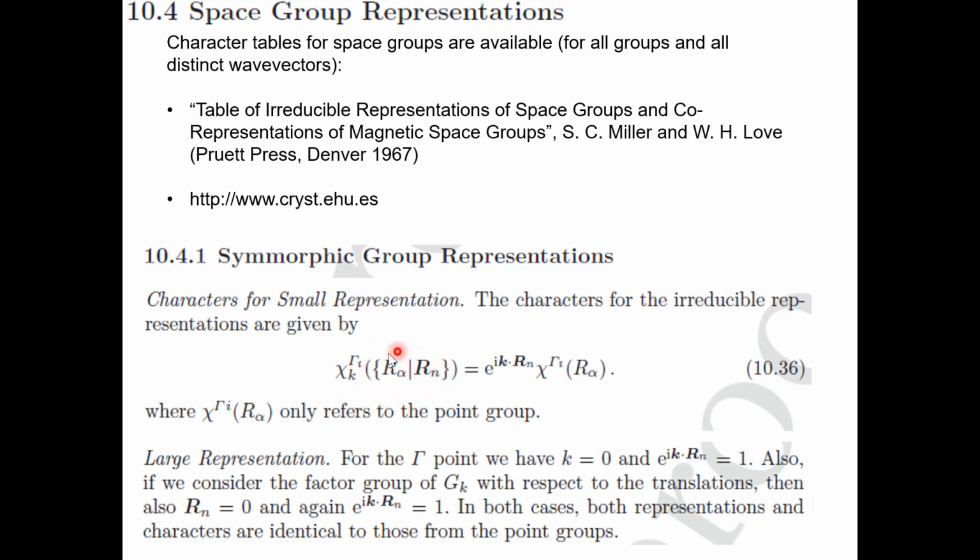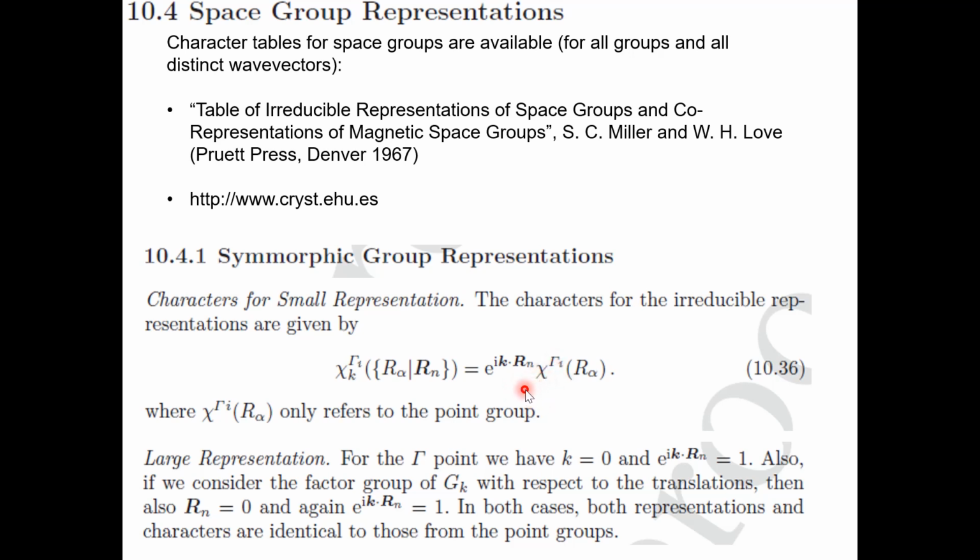And this is our space group symmetry operation, a point group operation R alpha, and in this case we have a symmorphic group, so all the translations are translations by lattice vectors Rn. So the character is very simple. It's basically the character for the original point group multiplied by this phase factor, this complex phase factor e to the i k dot r.